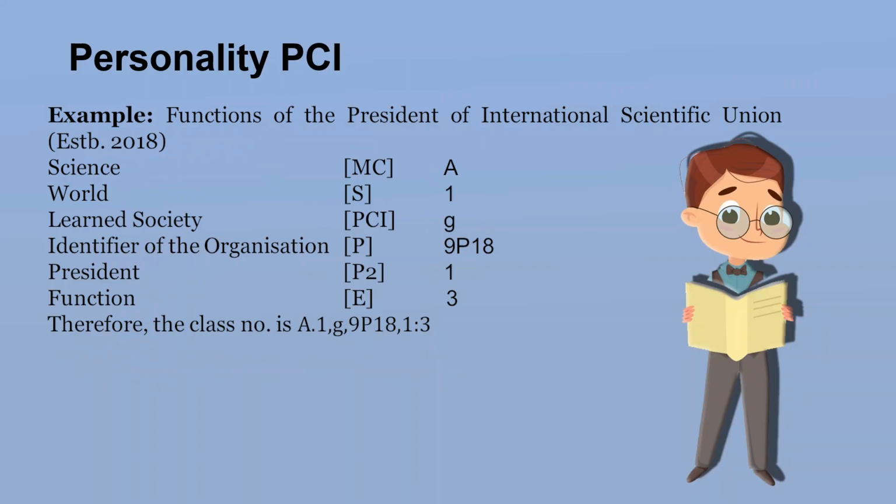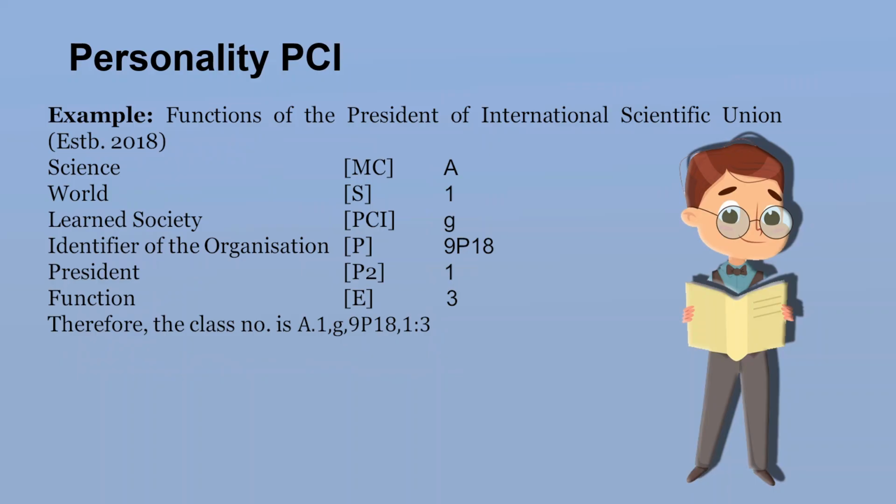Here the institute deals with the main class science or natural science, that is denoted by capital A, and then the space facet is denoted by 1 as it is an international organization.